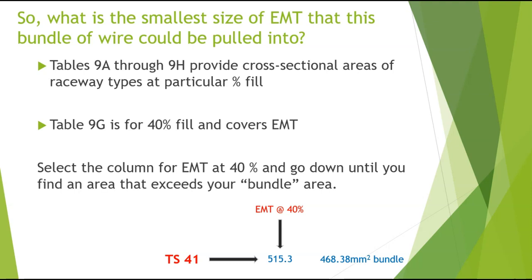Table 9H is also for 40% fill, but it's for much more specialized and rarely used forms of raceway. So if there's one of these tables that we're going to use on a regular basis, it'll be table 9G.